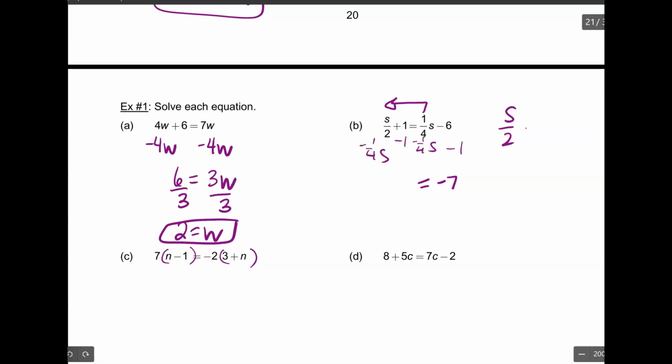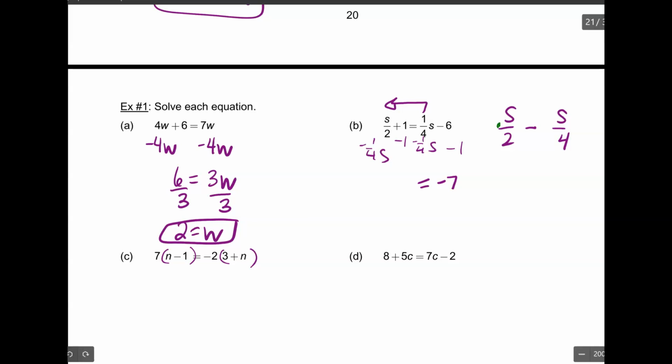So the question is S over 2 minus S over 4, because 1/4 S is the same thing as S over 4. I need to have common denominators. So how do I do this, Elizabeth? All right, what's the common denominator here? 4. Yeah, 4 would work.